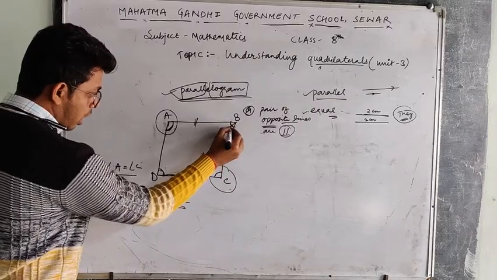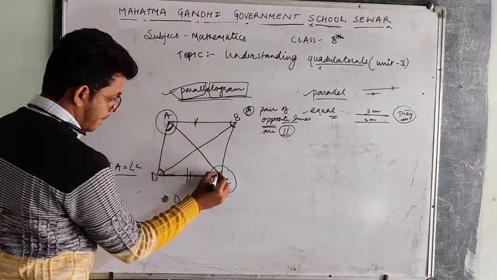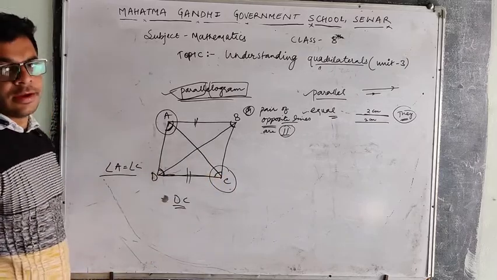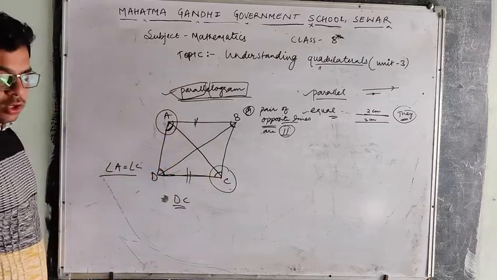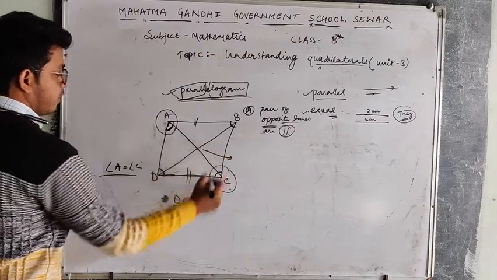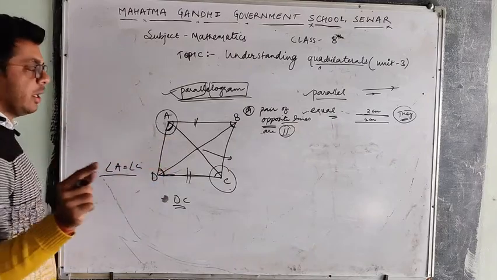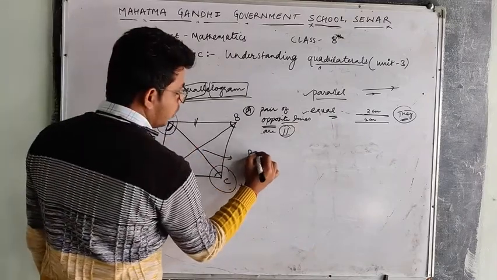Now we will draw a diagonal. These diagonals cross each other at the center, but they are not perpendicular to each other.